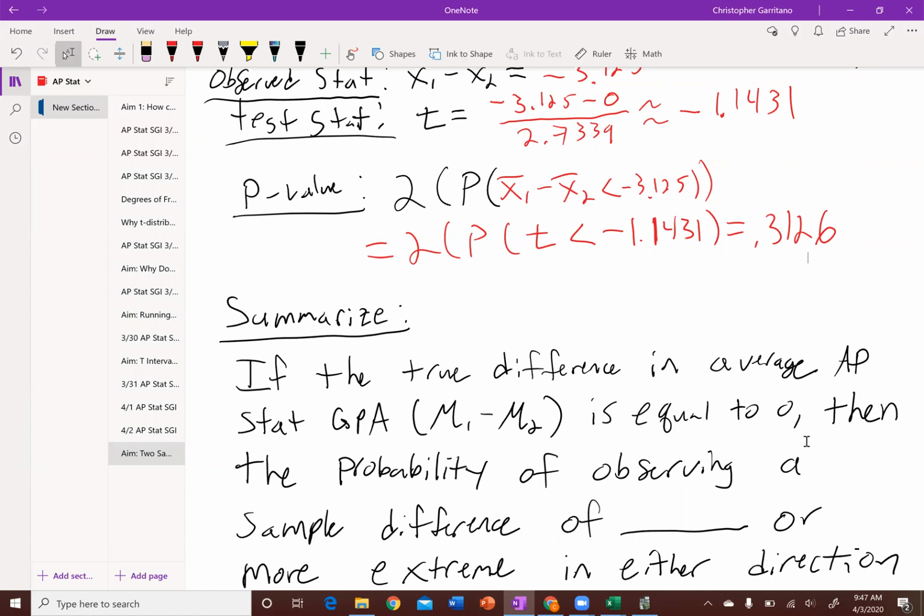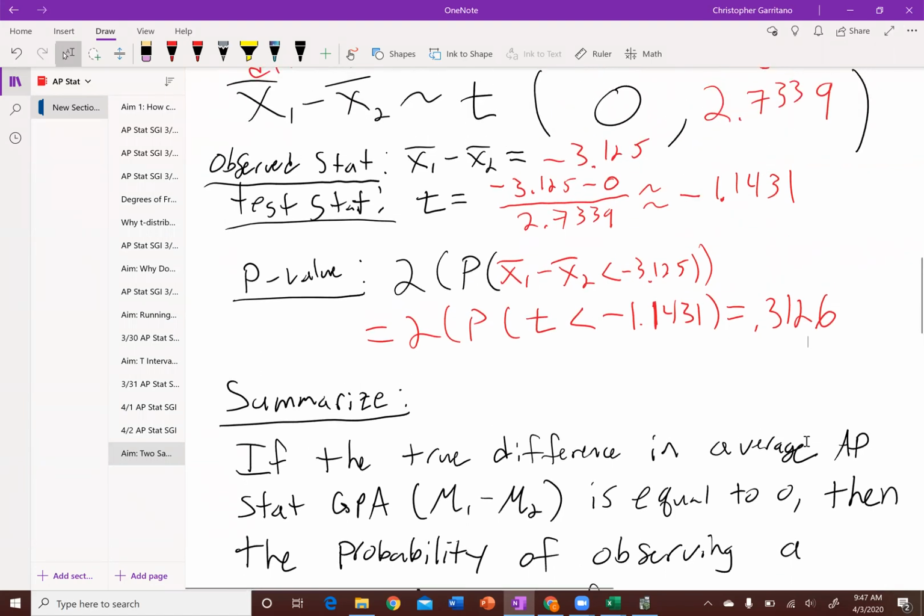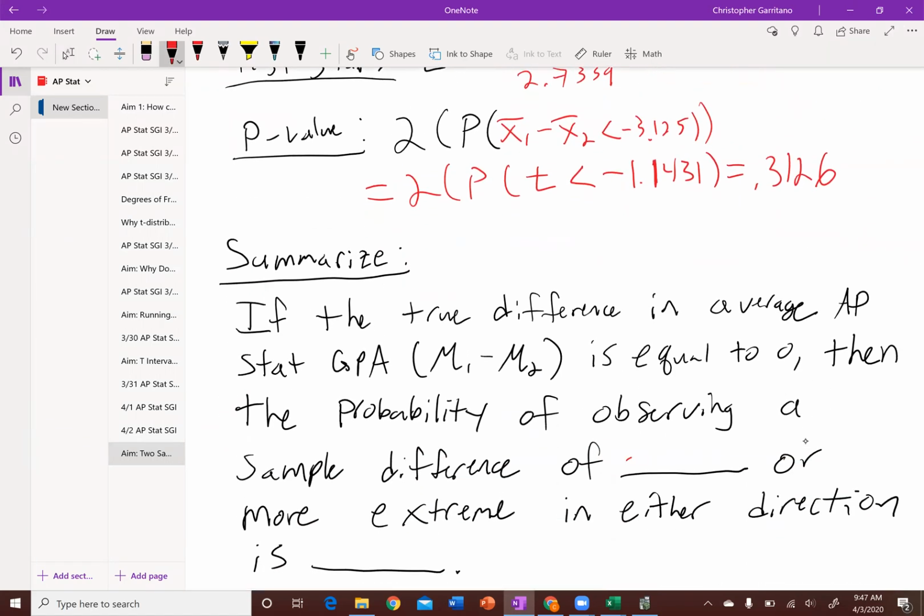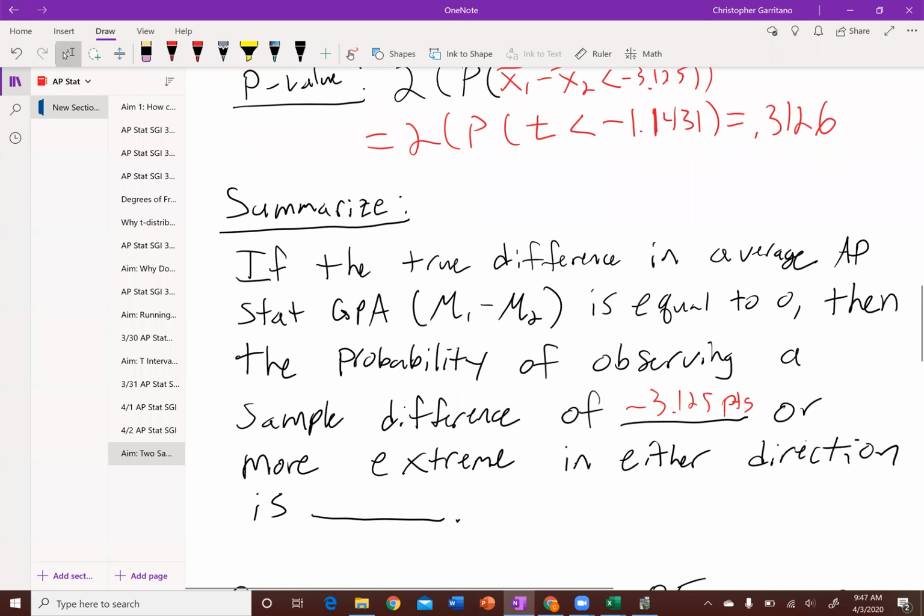So if that true difference in average GPA is equal to 0, then the probability of observing a sample difference of, well, what did we observe? Negative 3.125 points, or more extreme in either direction is 0.3126, right? So that p-value is the probability of observing our sample or more extreme in either direction. I can say that here because this is a two-tailed test.